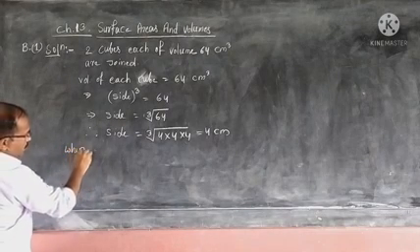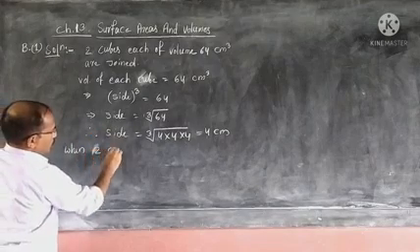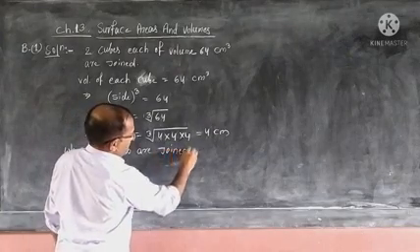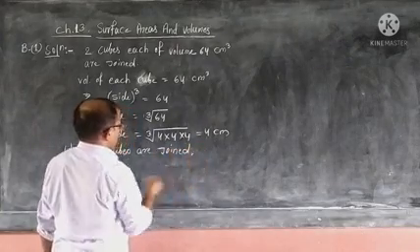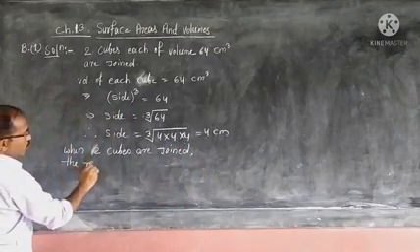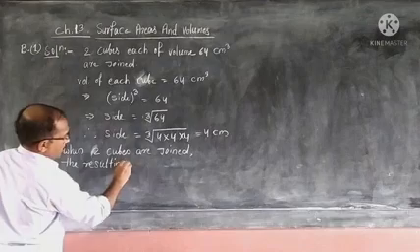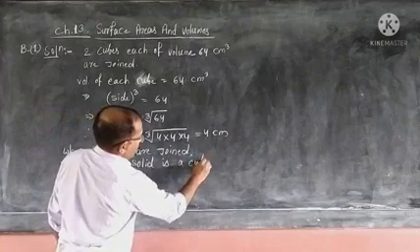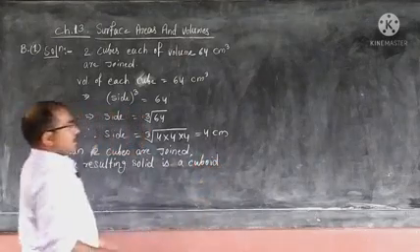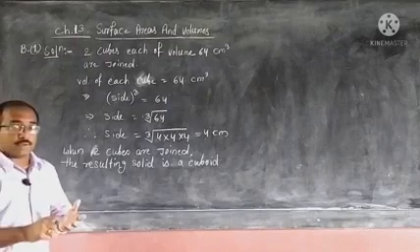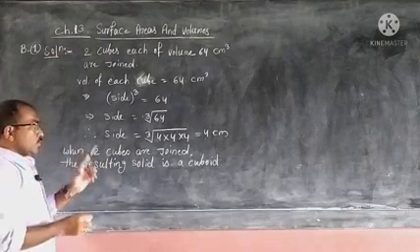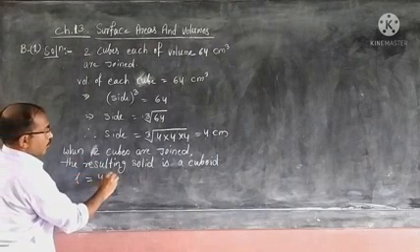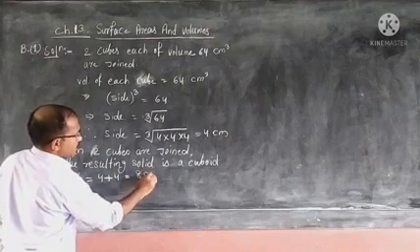Now two cubes are joined, and the resulting solid is a cuboid. It will have length, breadth and height. The length of the cuboid will be 4 plus 4, that is 8 centimeter.